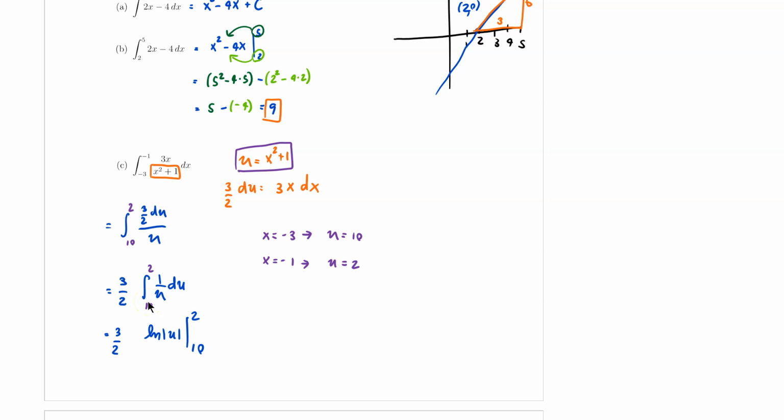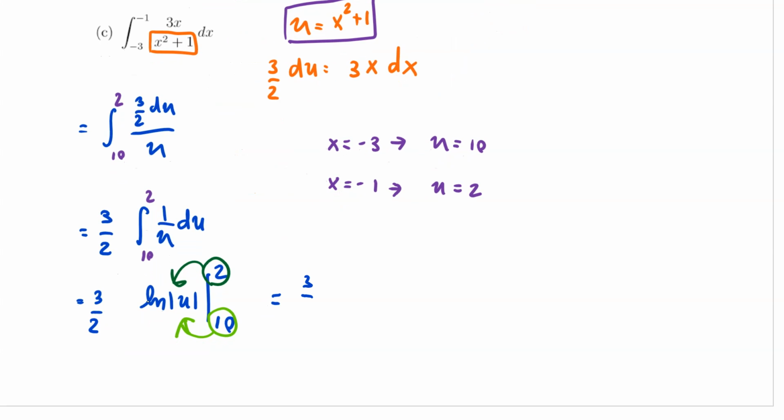Same deal: I'm just going to plug 2 in for u, plug 10 in for u, and subtract the two numbers. So 3/2 is a number, so that just stays there. If I plug in 2 for log of absolute value of u, that's just log of 2, and then minus log of 10. So this is going to be my answer for part C.